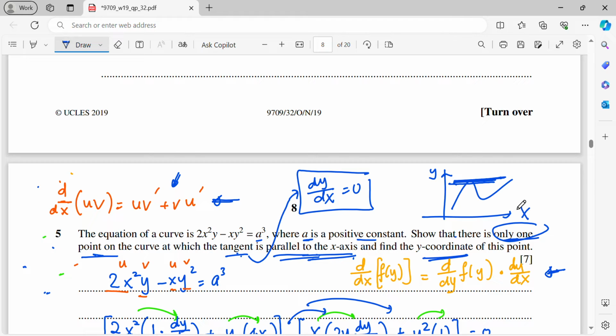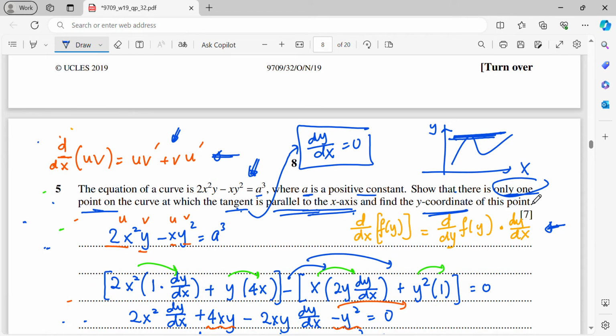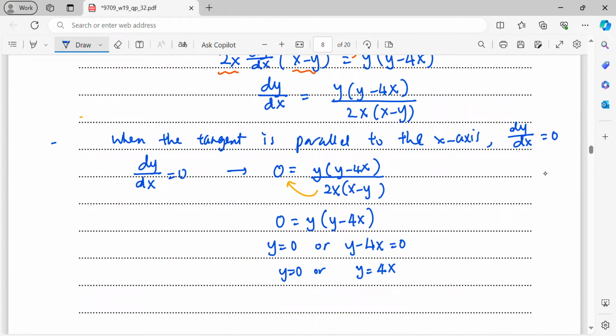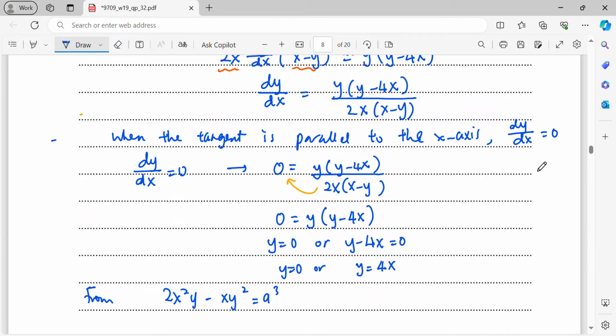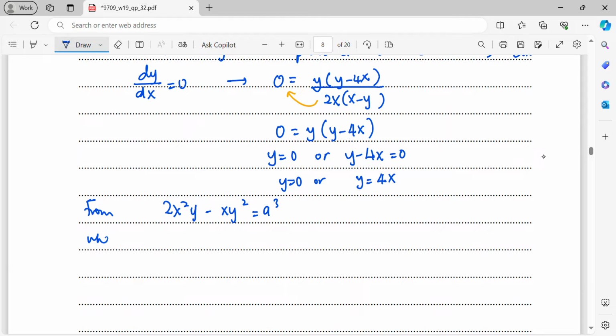x or one y. So now to check which y satisfies the equation, we have to substitute back into the equation. Okay, so I will write 2x squared y minus xy squared equals a cubed. From this equation, when y equals 0, the left hand side is 2x squared times 0 minus x times 0 squared.